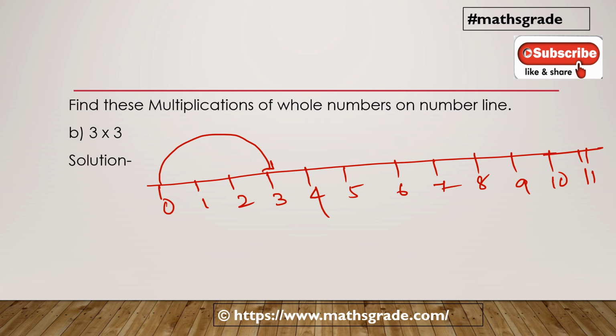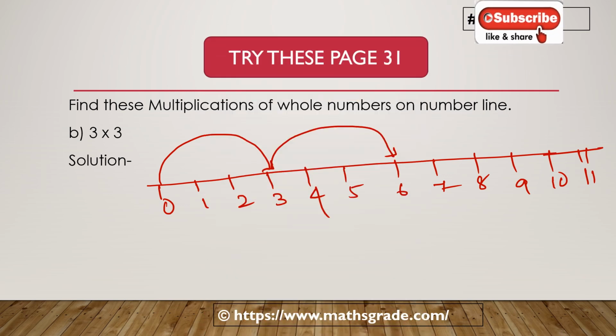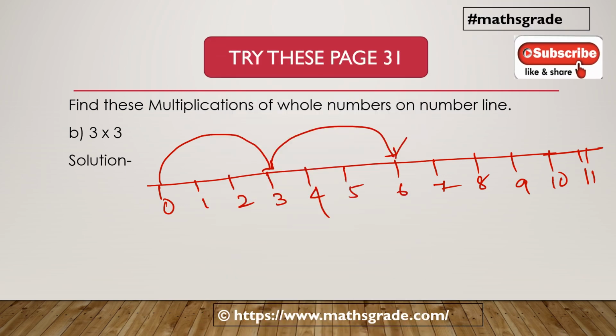Then from 3, move 3 units, that is 6. And from 6, move 3 units, that is 9. So 3 multiplied by 3 is 9. This is the representation of whole number 3 multiplied by 3, which is 9, on the number line.